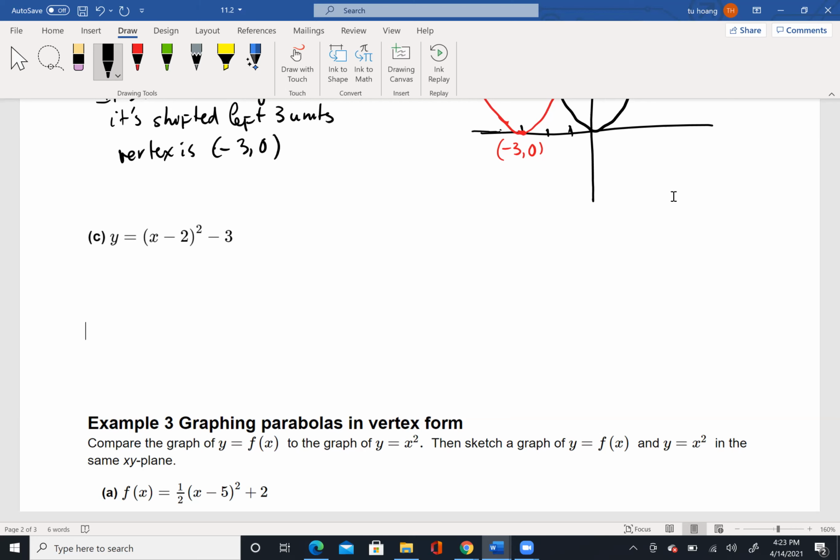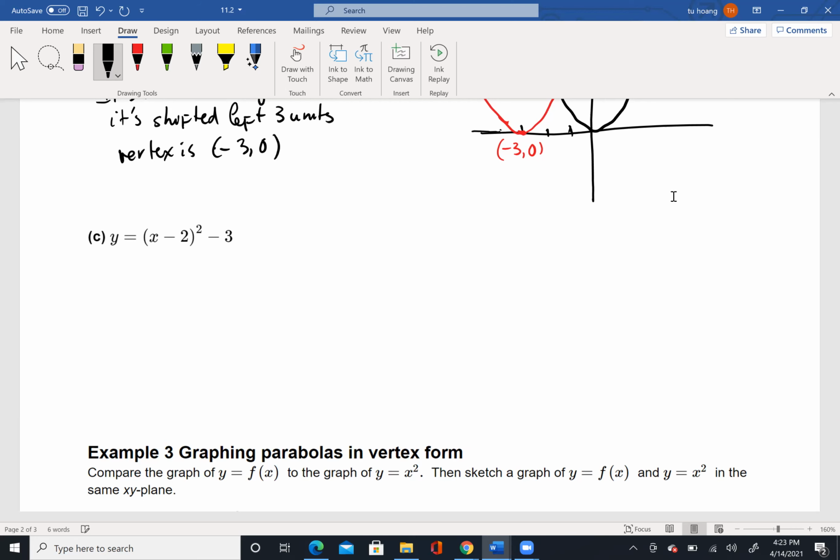For this problem, it's a little bit complicated, but you must start with thinking of y equal to a big X squared minus 3, something like that, right?